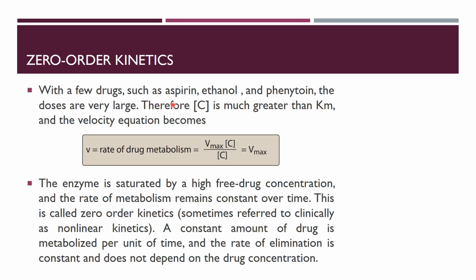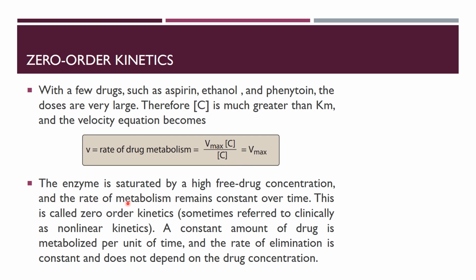Zero order kinetics. With a few drugs such as aspirin, ethanol, and phenytoin, the doses are very large. Therefore, C, concentration of drug, is much greater than Km and the velocity equation becomes V, the rate of drug metabolism, is equal to Vmax times C divided by C, which is equal to Vmax.